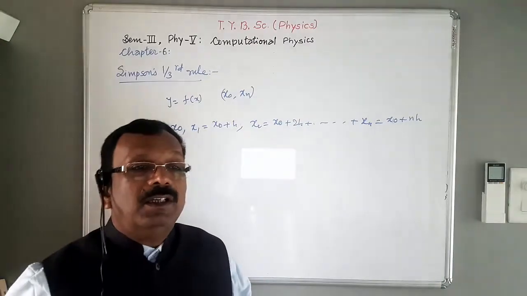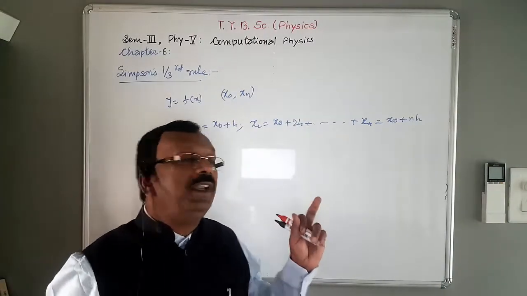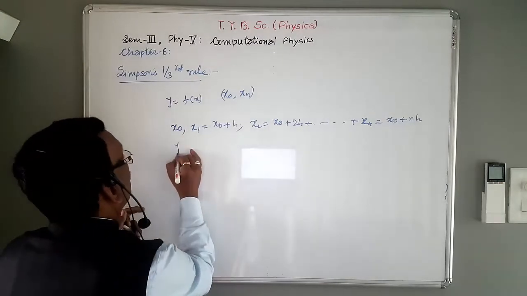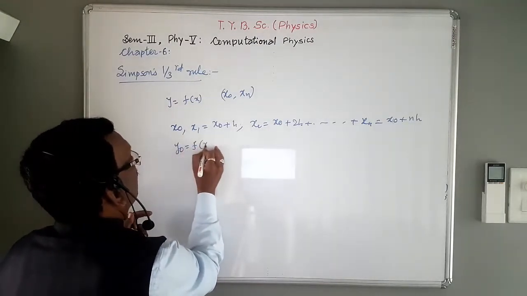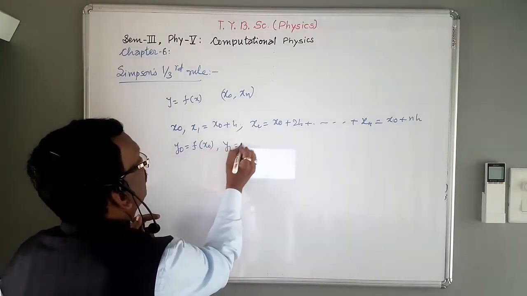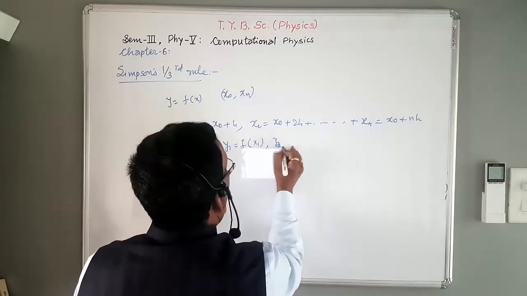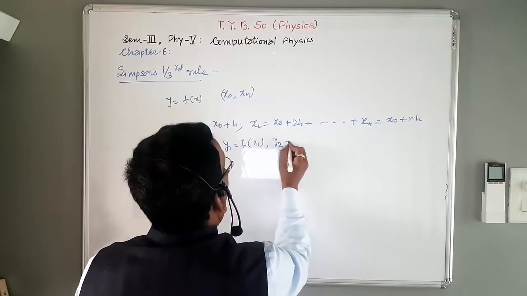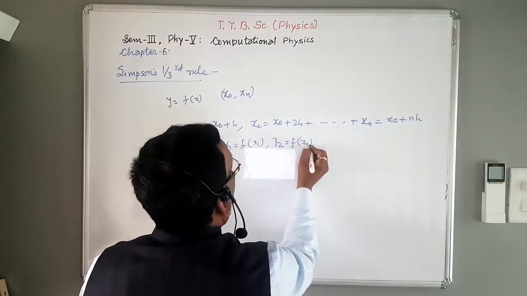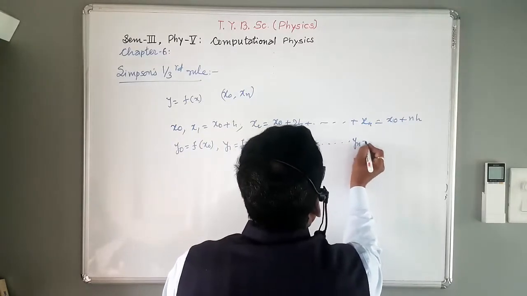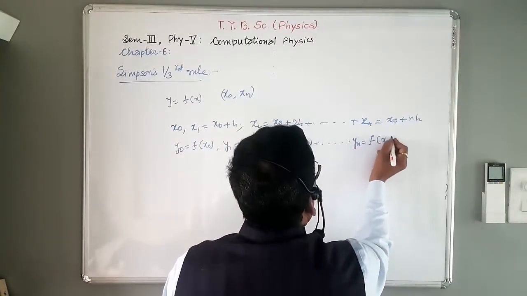Now we have to find the corresponding values of y, that is y0 is equal to f of x0, y1 is equal to f of x1, y2 is equal to f of x2, and last yn is equal to f of xn.